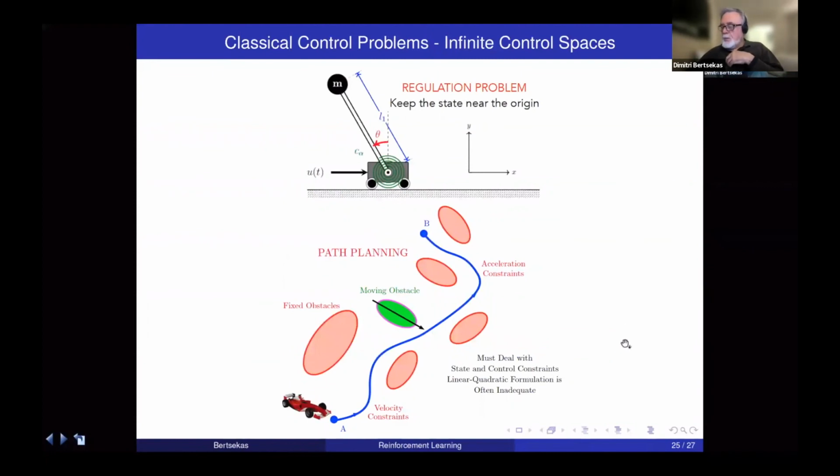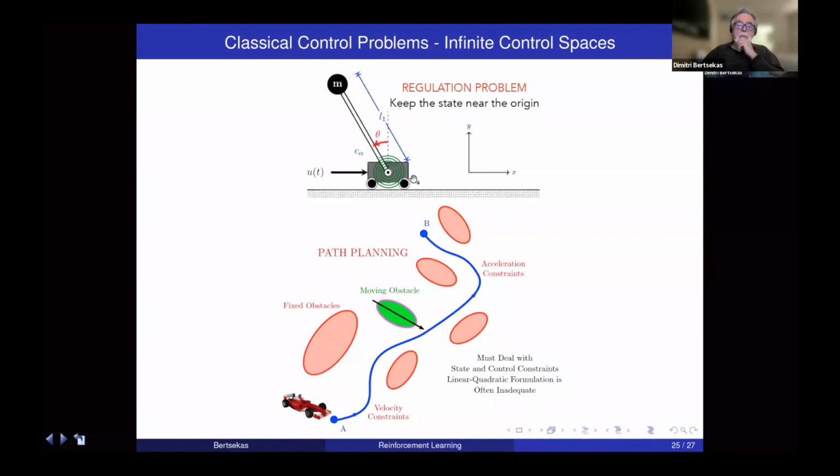In the classical control problems, the control spaces and the state spaces are continuous, typically vectors in Euclidean space, and they evolve according to a discrete time equation or a continuous time equation. Two of the most prominent types of control problems are these: the regulation problem and the path planning trajectory following type of problem.